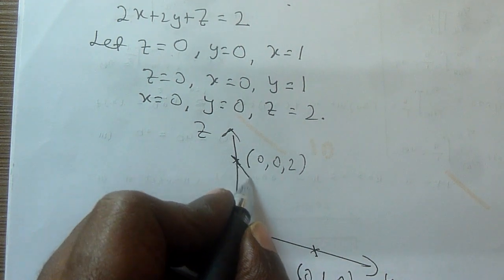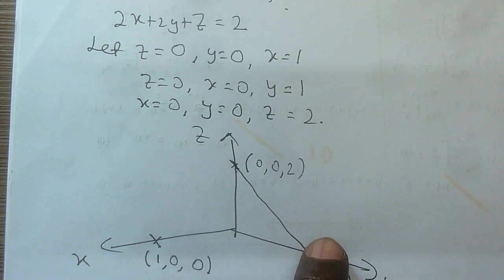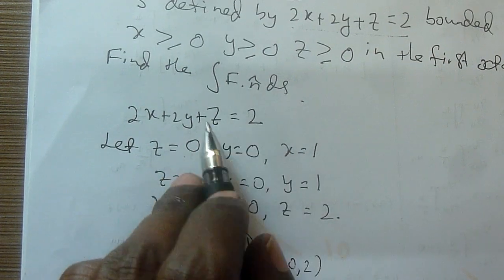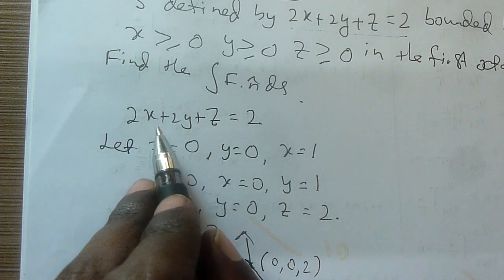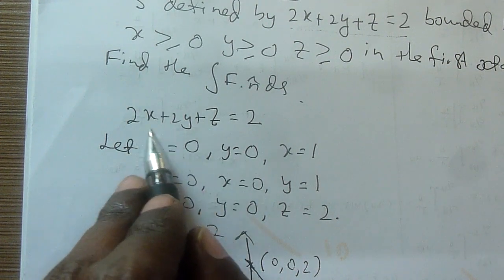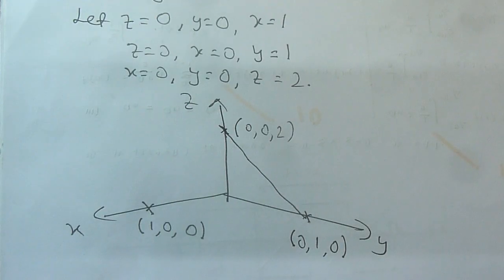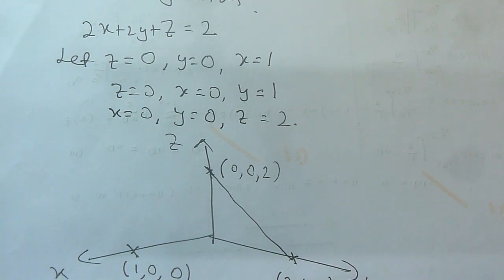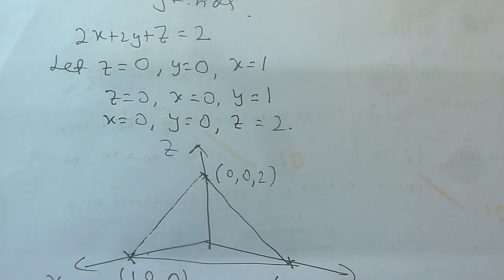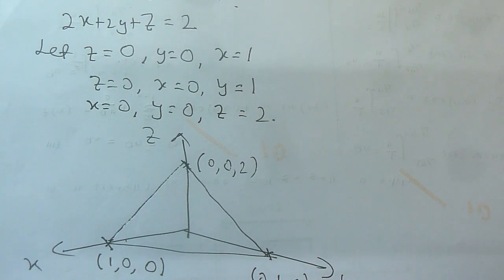When you start to sketch, this is a straight line. Why does it become a straight line? Make z equal to 0 and you can see this is a straight line. Make x equal to 0, you can see this is a straight line. It's a linear graph. Therefore, when you sketch this, you will get a kind of tetrahedron.